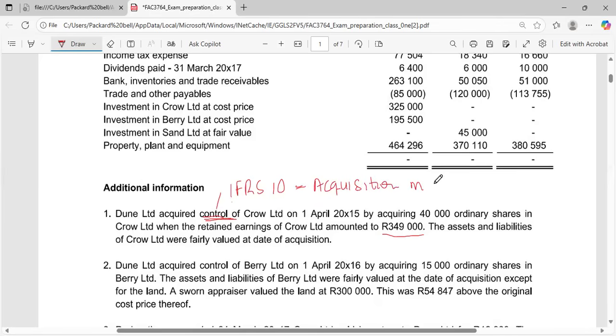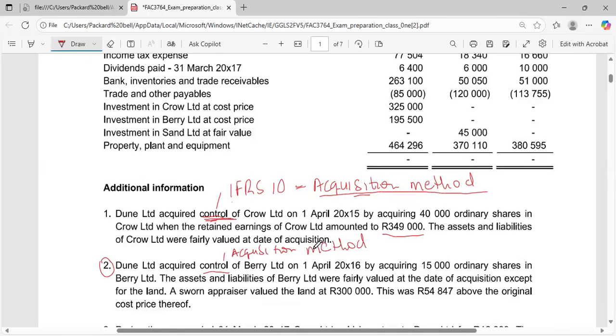So this is how you identify which method or which standard you are going to apply. They acquired control, so we are going to use the acquisition method. Then number 2 says June Limited acquired control, another control, so we are going to use the acquisition method again.